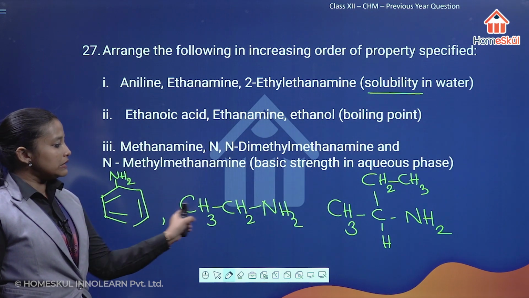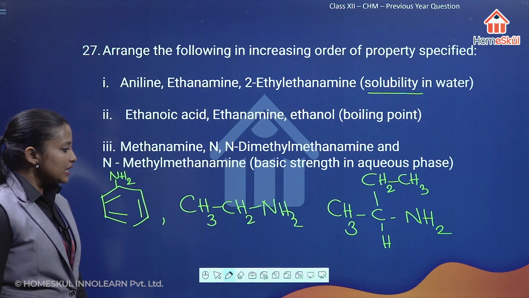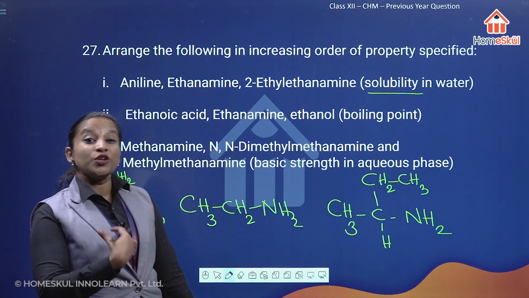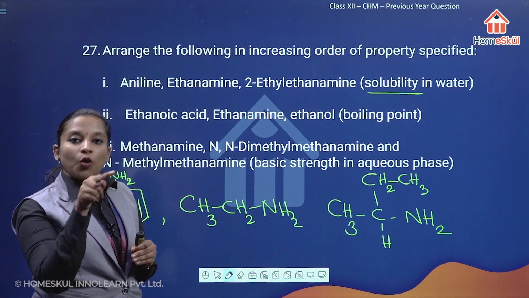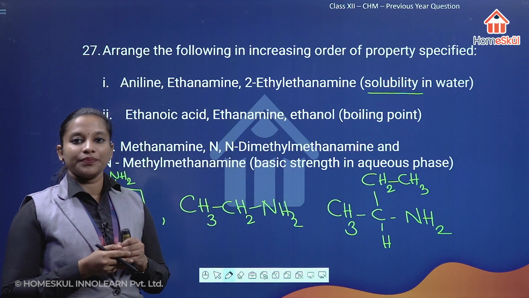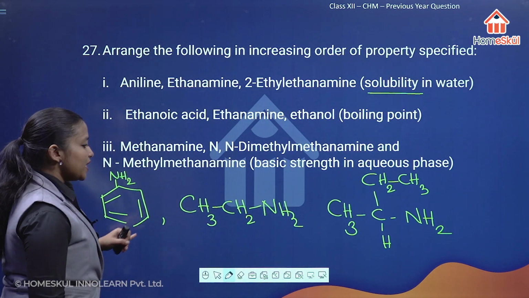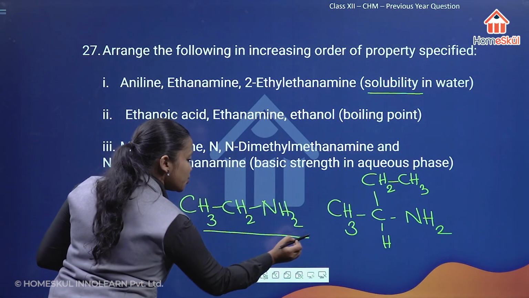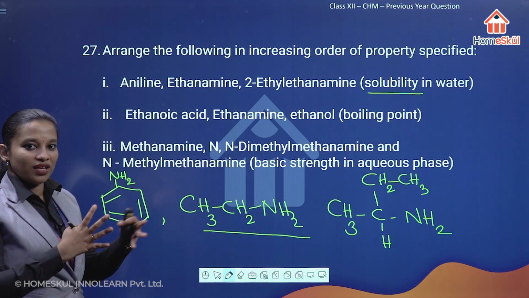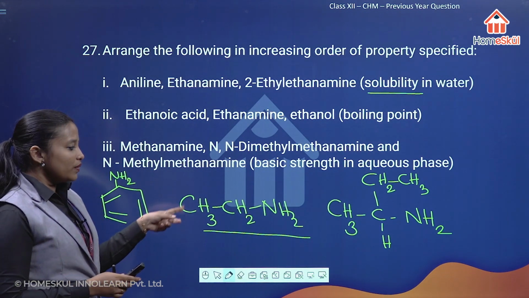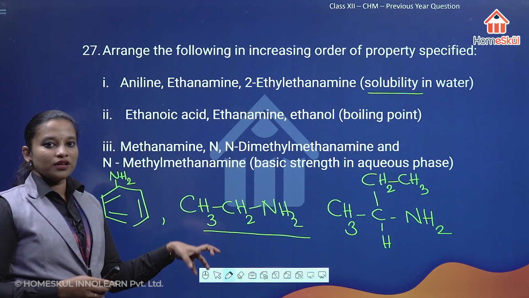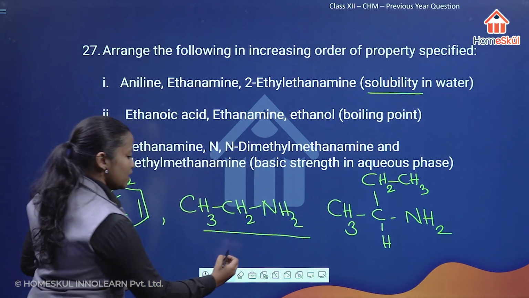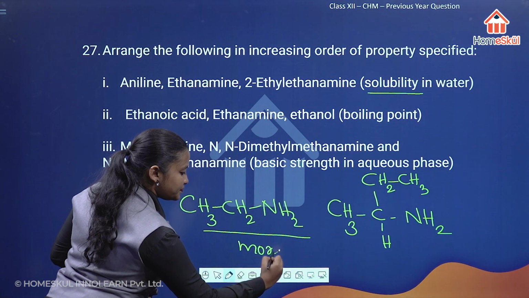So, we have 3 of them here. In order to be soluble in water, it should form bonds with the water. Here we can see CH3CH2NH2 does not have any bulky groups. So it is easy for this species to form bonds with water. So, it will be more soluble.